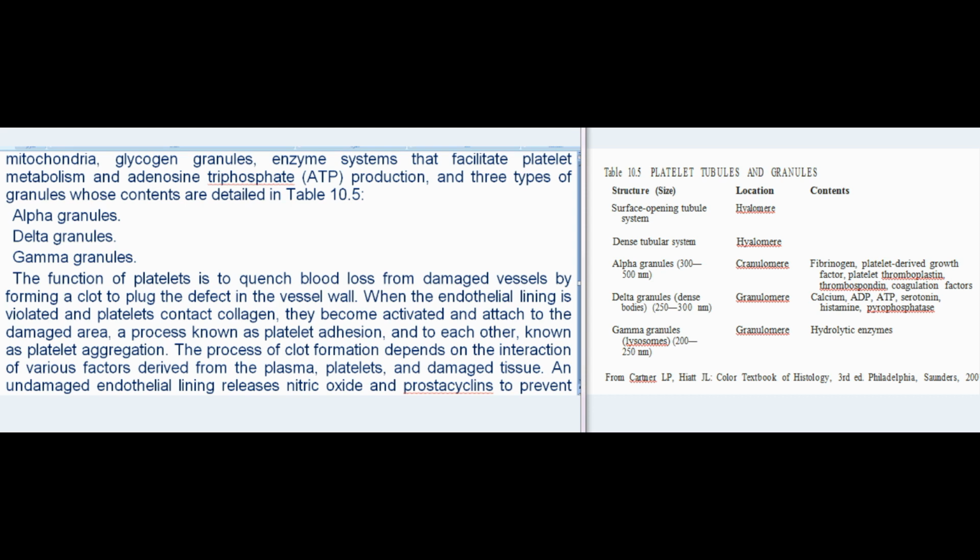The function of platelets is to quench blood loss from damaged vessels by forming a clot to plug the defect in the vessel wall. When the endothelial lining is violated and platelets contact collagen, they become activated and attach to the damaged area, a process known as platelet adhesion, and to each other, known as platelet aggregation. The process of clot formation depends on the interaction of various factors derived from the plasma, platelets, and damaged tissue.